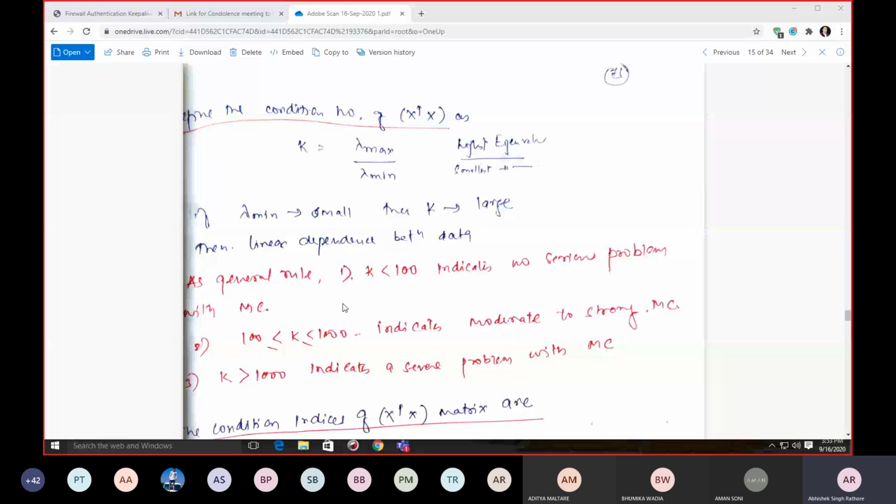But when the value lies between 100 and 1000, we can say that we are suffering from some multicollinearity. And if k is greater than 1000, then we can say that we have severe multicollinearity. So these are different techniques to identify multicollinearity.